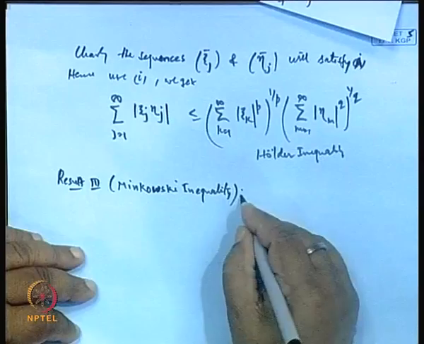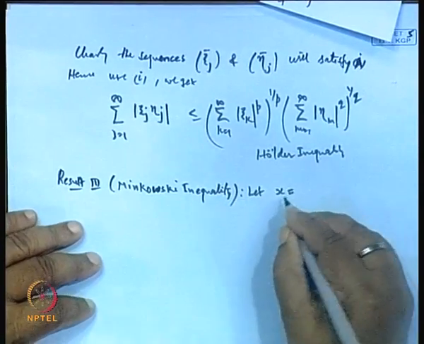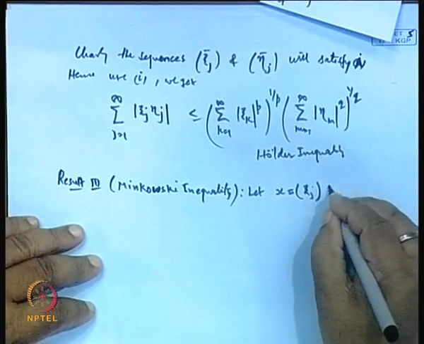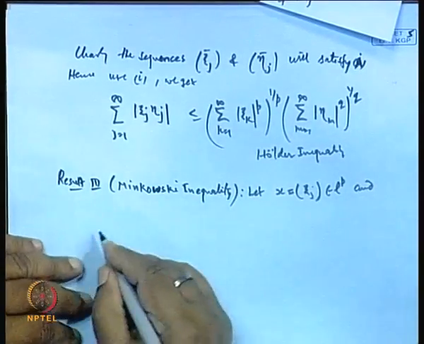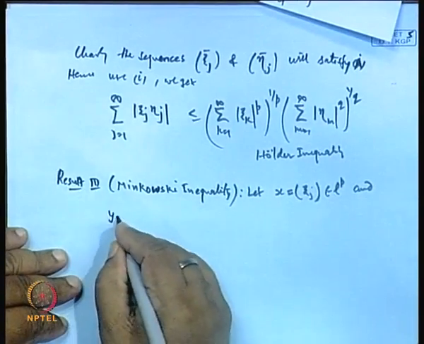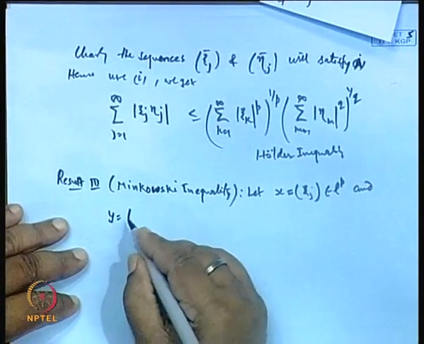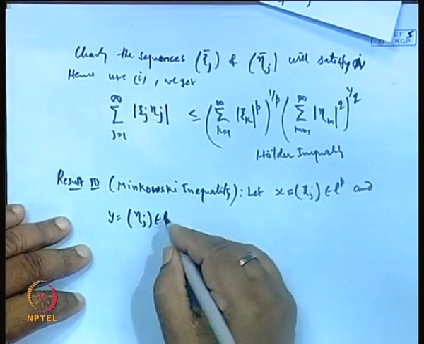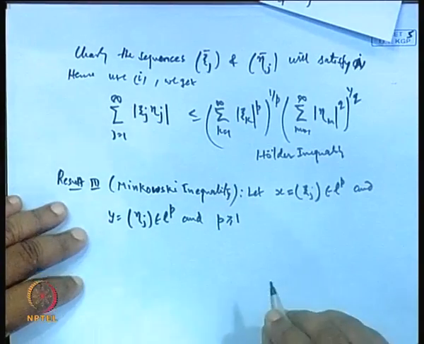So, the Minkowski inequality says: let x, which is xi_j, be a sequence in l^p, and y, which is eta_j, be in l^p, and p is greater than or equal to 1.